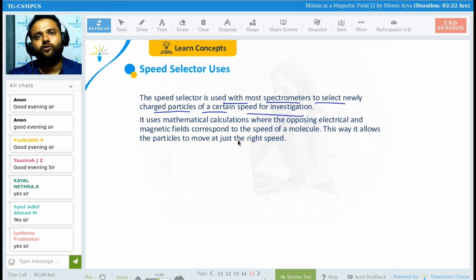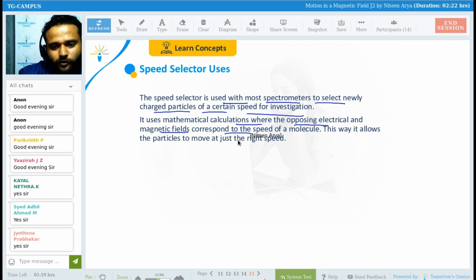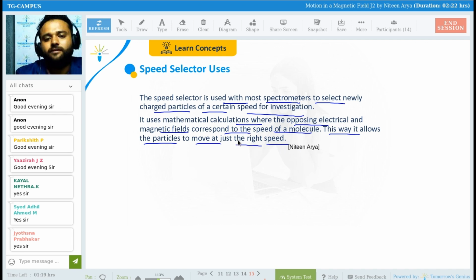We need this to find new charged particles and to do experiments with high-moving charged particles, which can be altered only by changing the electric field as well as the magnetic field. Okay, so it uses a mathematical calculation where the opposing electric and magnetic fields correspond to the speed of a molecule. This is the way it allows the particles to move at just the right speed.